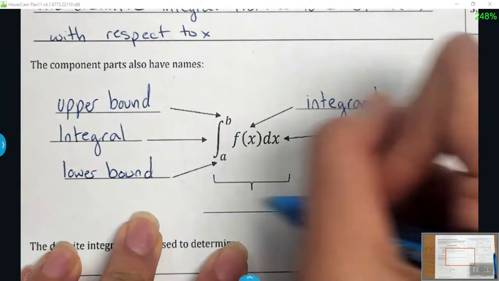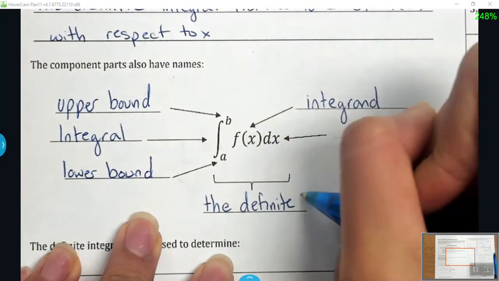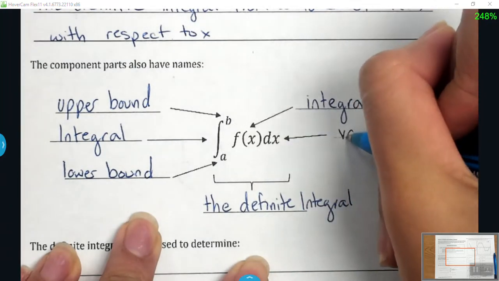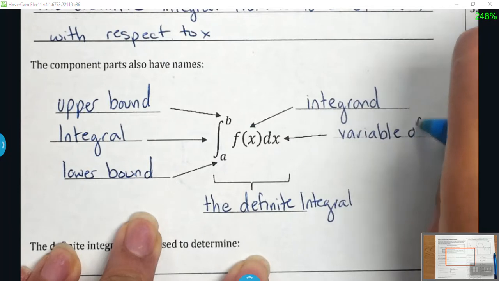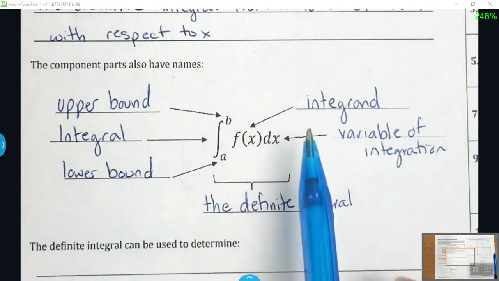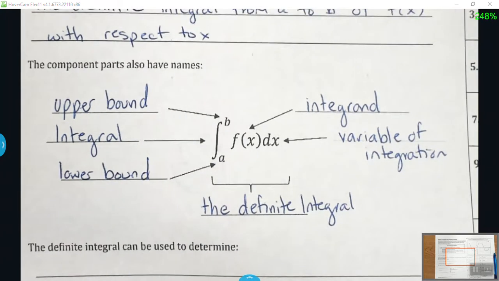The whole thing is called the definite integral. And the dx is your variable of integration, so we're taking the derivative with respect to x. Sometimes you use other variables, and when you get into multivariable, you'll have multiple variables of integration, like double and triple integrals. But right now, we'll just do one.